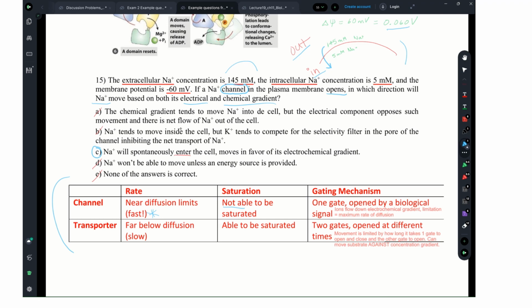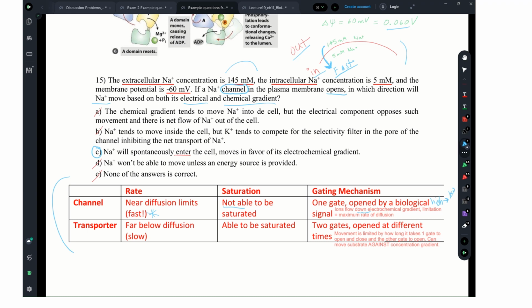So ions flow down their electrochemical gradient, which means that they go from high concentration to low concentration. And that's what we have here. We have a channel, and so we have high concentration outside and low concentration inside. And it happens really fast, near the rate of diffusion, and things can't be saturated.